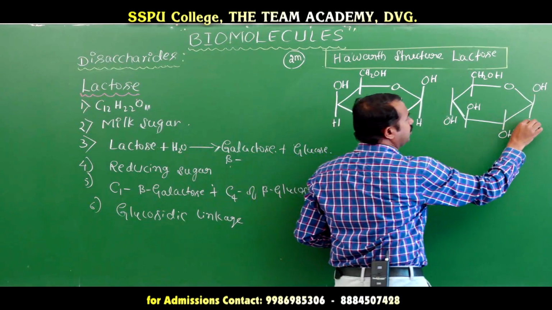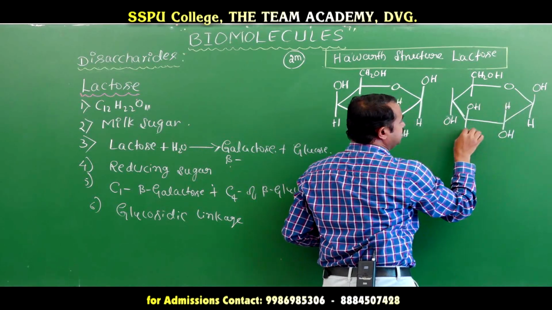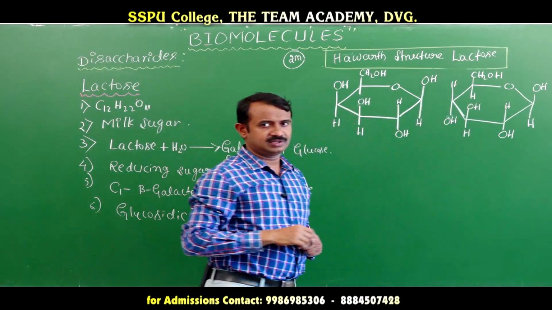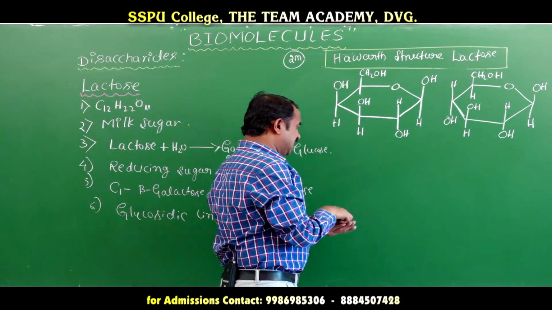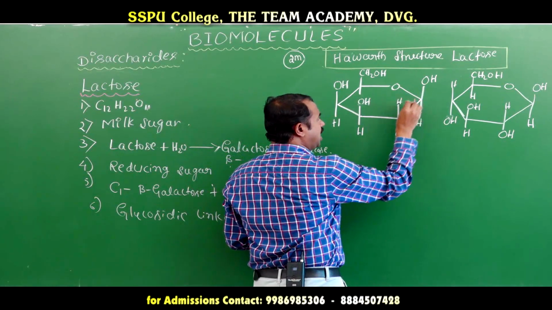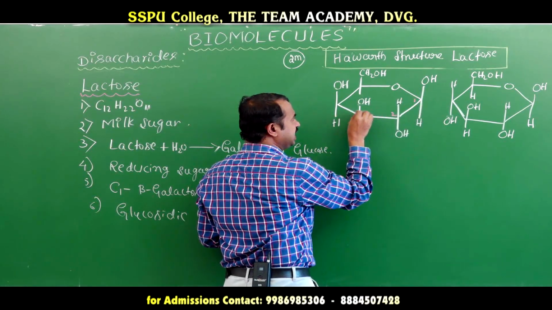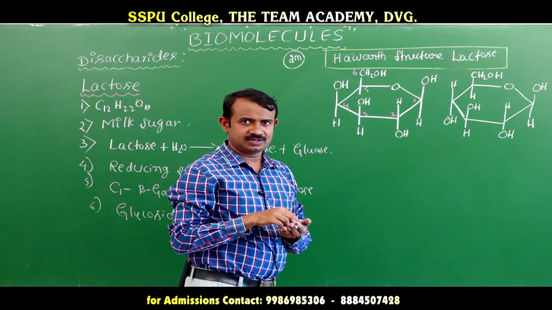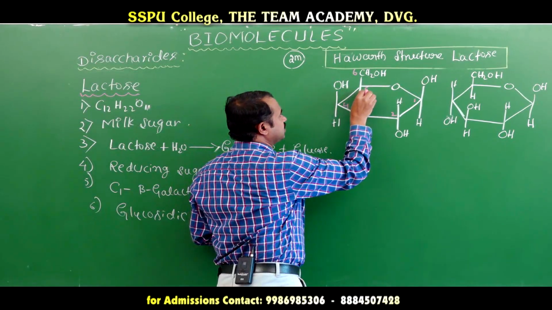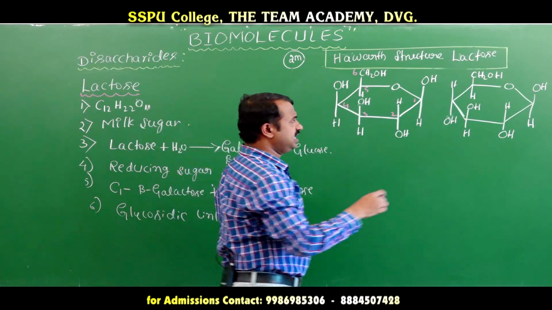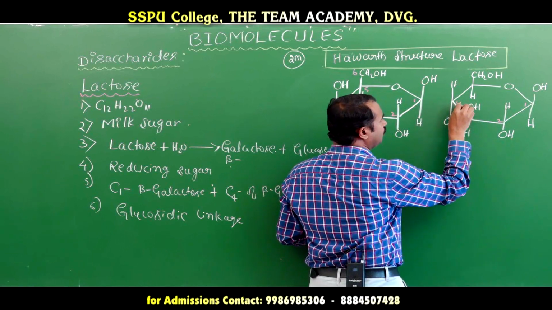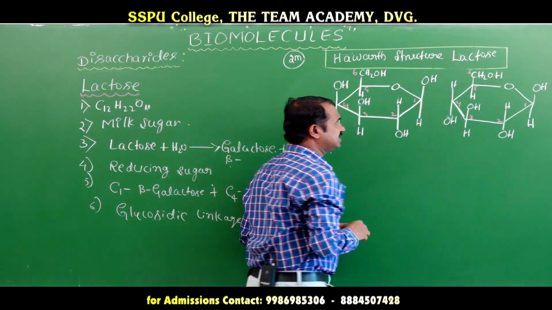Opposite to all of it are hydrogens. Also number the carbons 1, 2, 3, 4, 5, 6, and here also 1, 2, 3, 4, 5, 6.